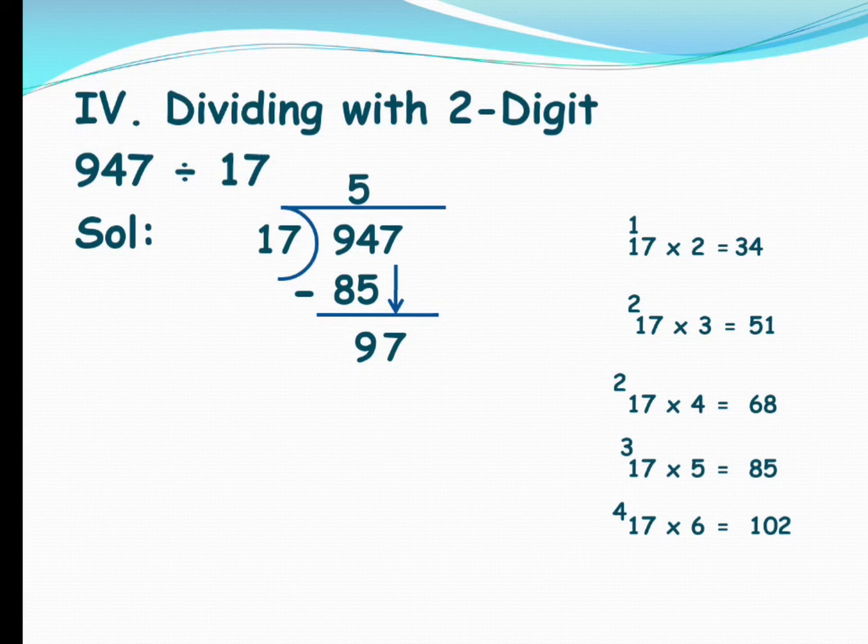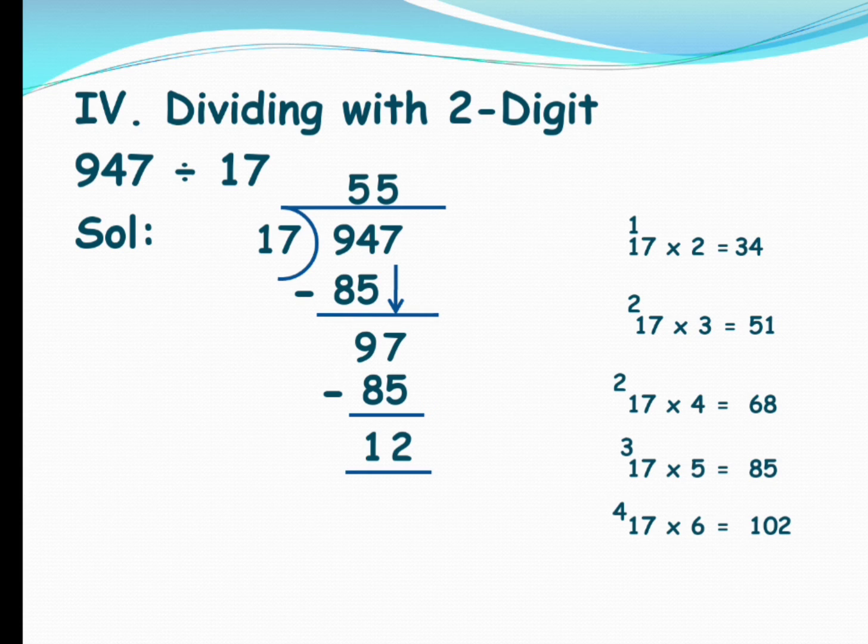Okay, then it is again 5. 17 fives are 85. So 5 you will write in the quotient and 85. Now you need to subtract 97 minus 85, where you will get the answer as 12. 7 minus 5 becomes 2 and 9 minus 8 becomes 1. So quotient is 55 and remainder is 12.